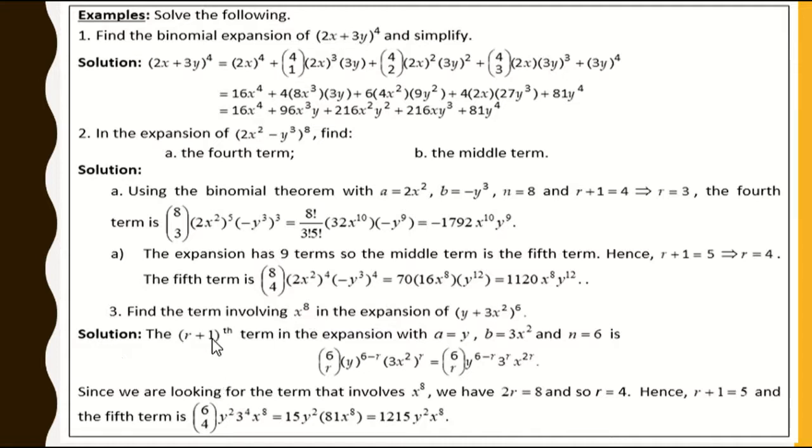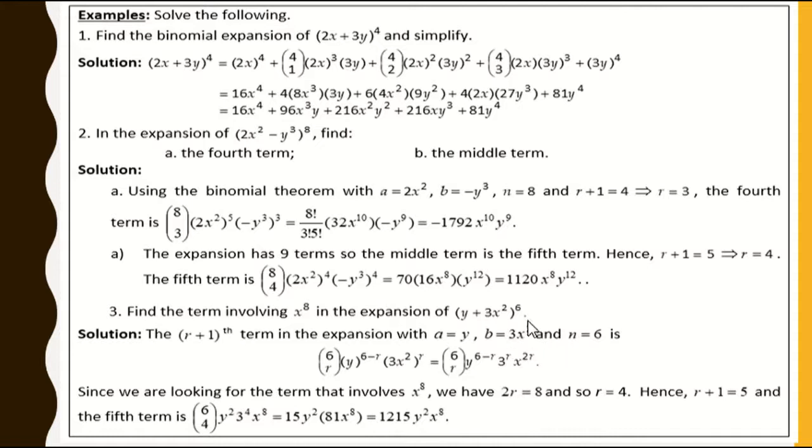Solution. The r plus 1 term in the expansion, with a equal to y. So, our a is y. B is equal to 3x squared.